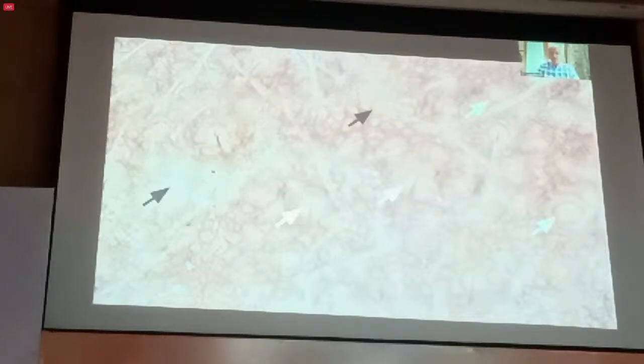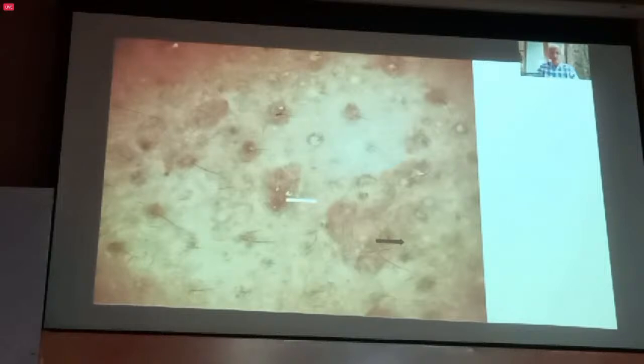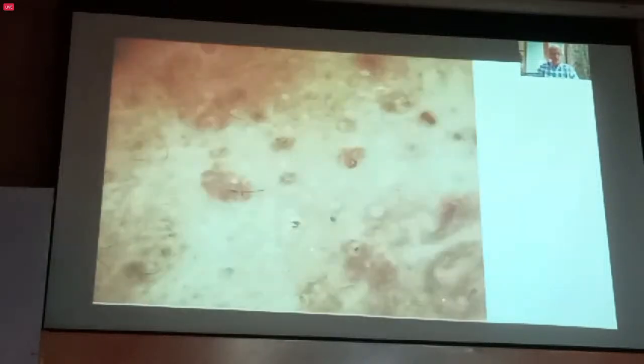Sometimes the pigment may be deep, giving a little bit bluish appearance. And post-acne pigmentation additionally has these scars, closed comedones, microcomedones, and even micro excoriations.